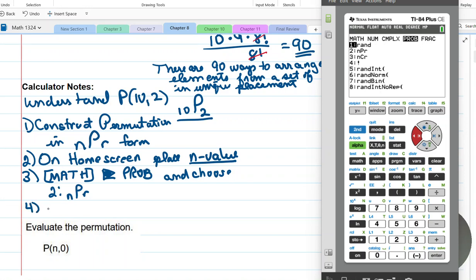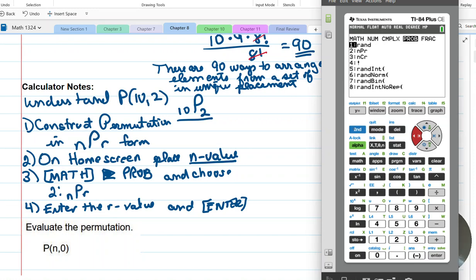And then we enter the R value and enter. All right. We're going to check our math. He's checking my math. So here we go. Ready?